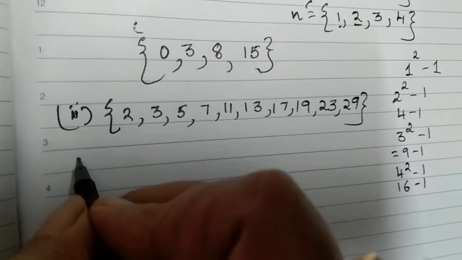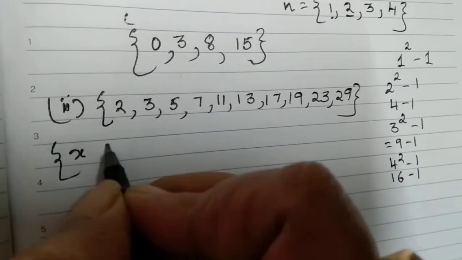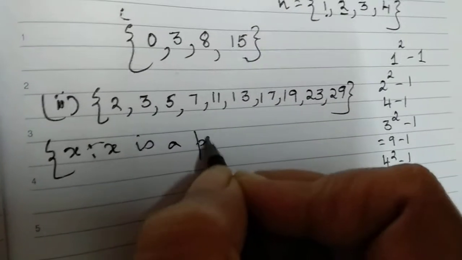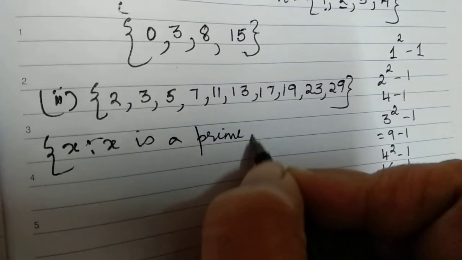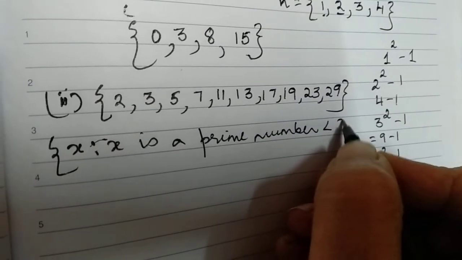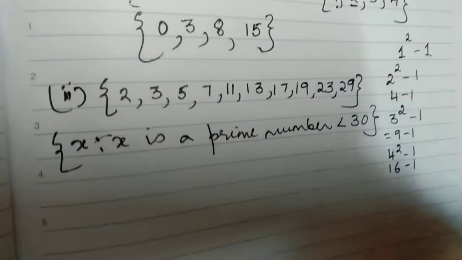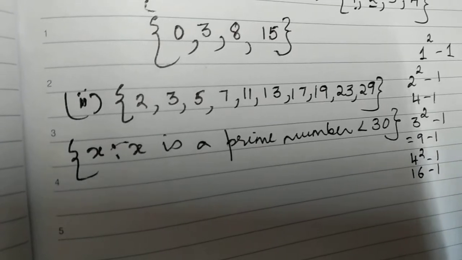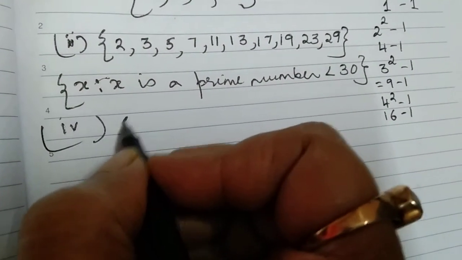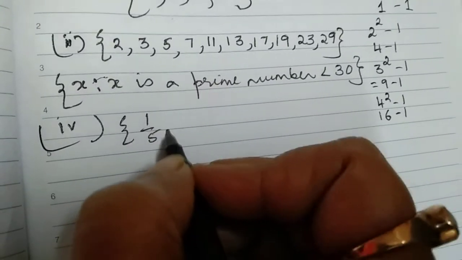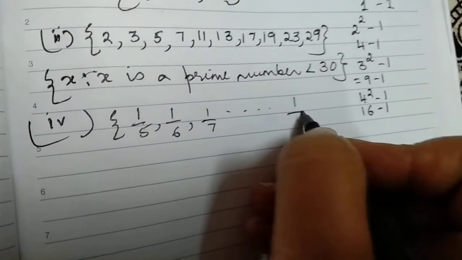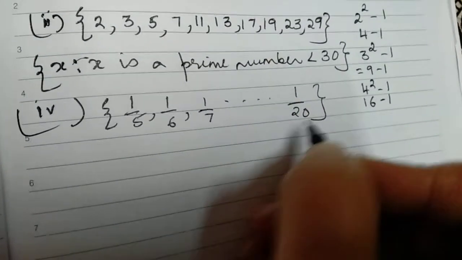Okay, so how can I write it? It is x such that x is a prime number less than 30. That means you have to look for the common property. Now, if I move on to the fourth part, see the elements are 1 by 5, 1 by 6, 1 by 7, dash dash, 1 by 20.